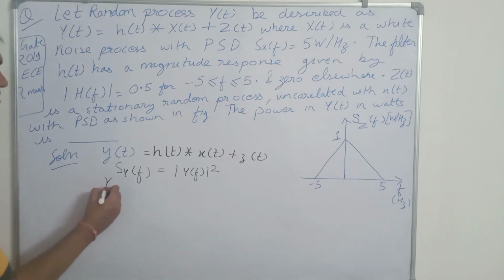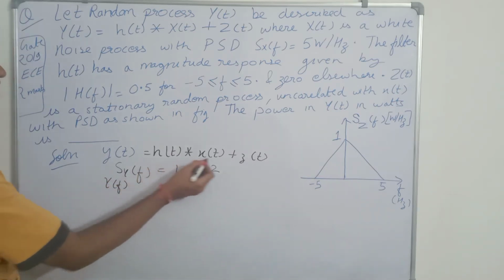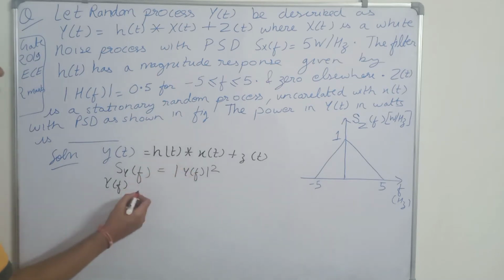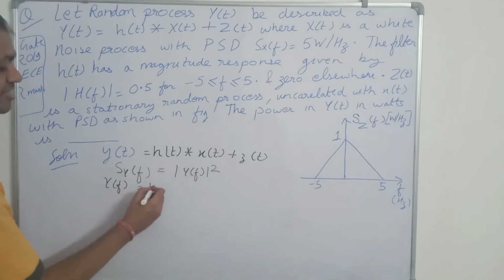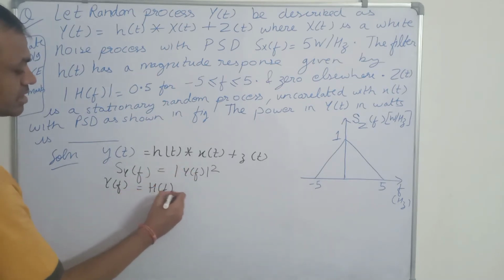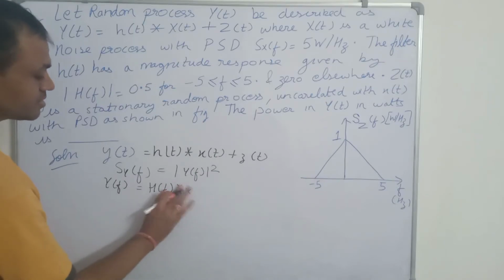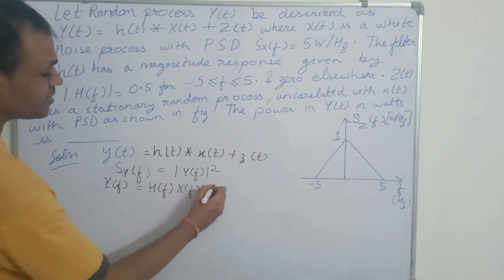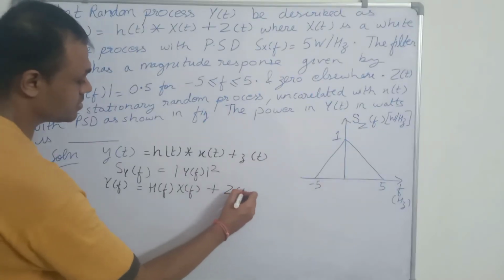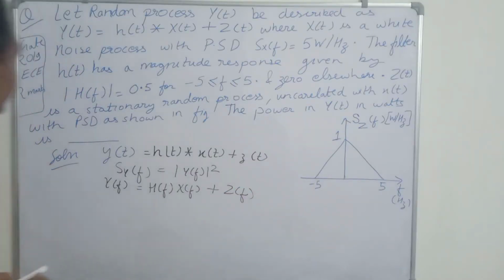So y of f will be equal to, since this is convolution in time domain, multiplication in frequency domain. So h of f into x of f plus z of f.